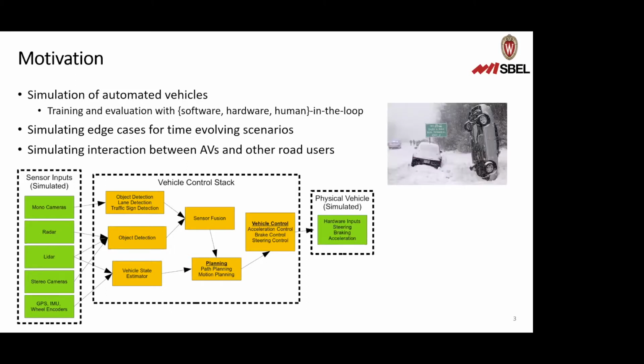AV. And when I mention edge cases, this image on the top right is an example of one of those, right? Particularly safety critical scenarios where we might anticipate potential harm to a rider or damage to a vehicle.